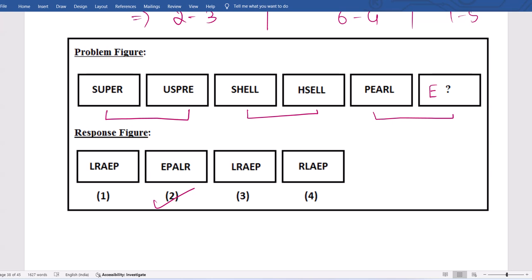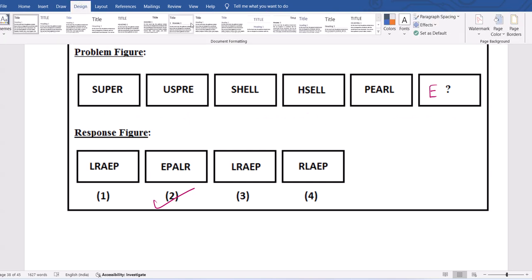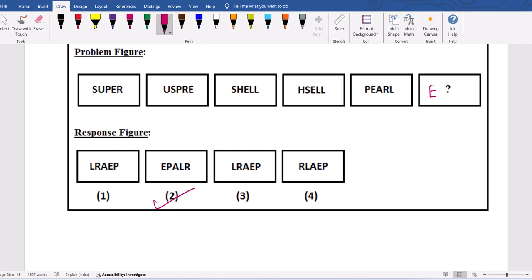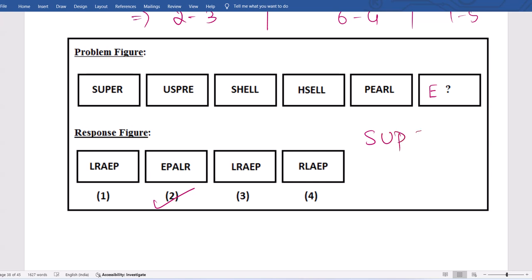Or else, instead of this, it's a 5-letter word, 5 characters. The middle one is kept as it is, the last two swapped, the first two swapped. Are you agreeing with that logic?